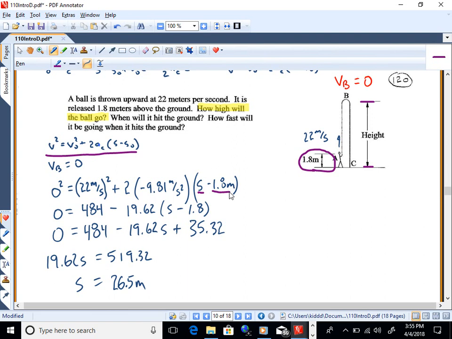Okay, the first thing we figured out was its constant acceleration. And then we figured out some of these other things, that VB was 0. We knew what the constant acceleration was. We've got the initial height, but not the final. And we got the initial velocity. And then when we plug everything in, we got to get that acceleration as a negative. We got to realize that 1.8 is our initial height, okay? And that comes from the fact of how height is defined right there, okay?